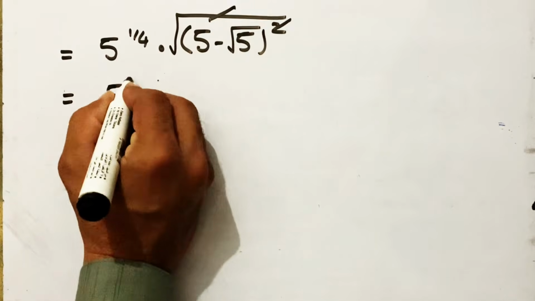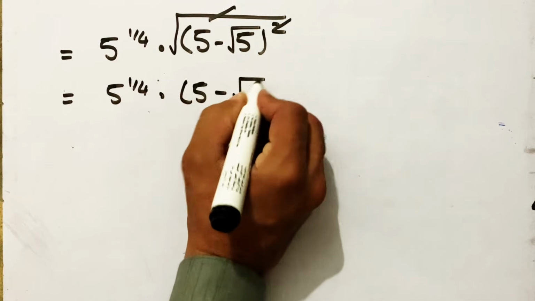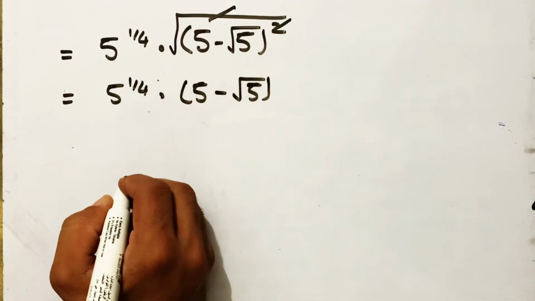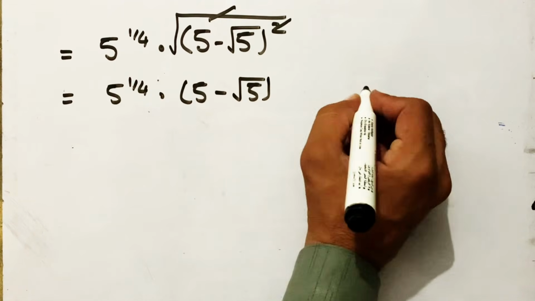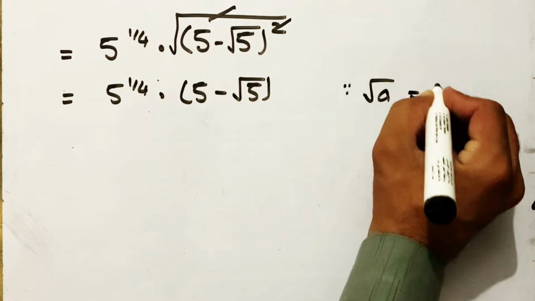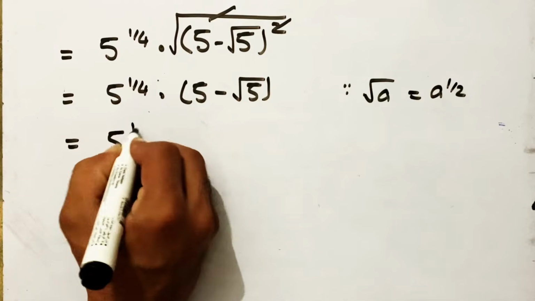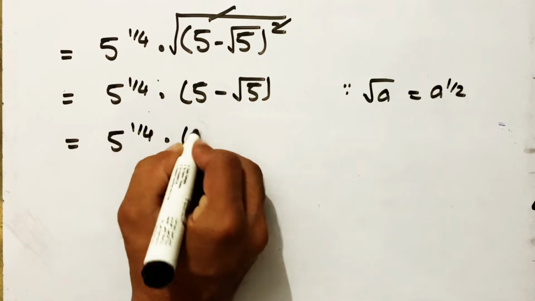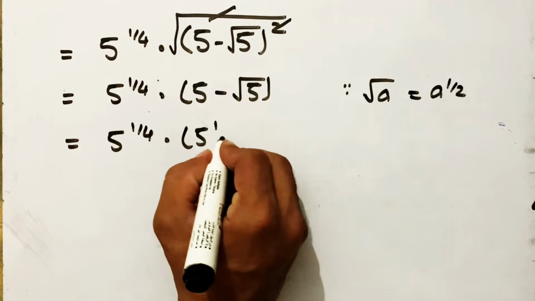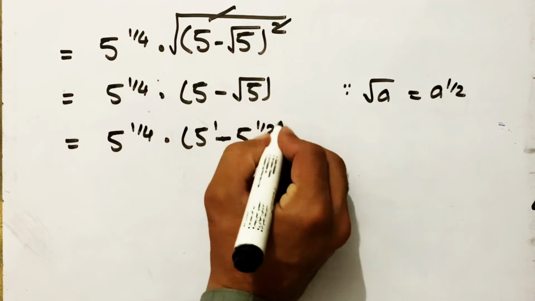So we find the value 1 by 4 into 5 minus the square root of 5. The square root of a is equal to a to the power of 1 by 2, so this is 5 to the power of 1 by 4 times 5 minus 5 to the power of 1 by 2.